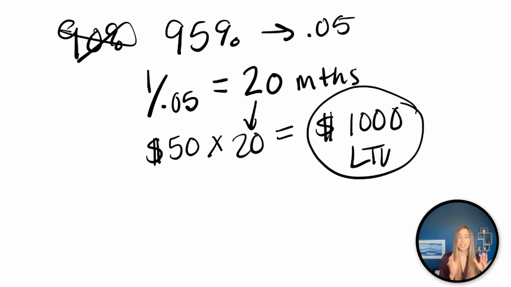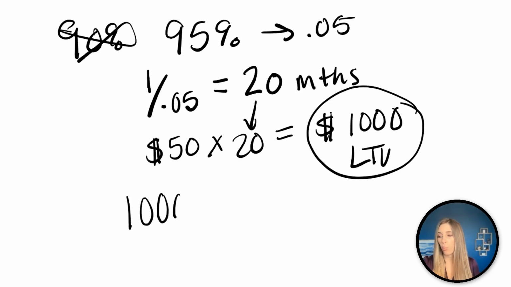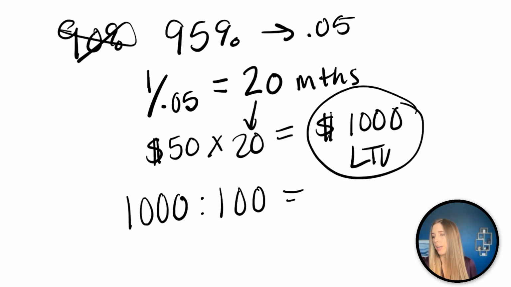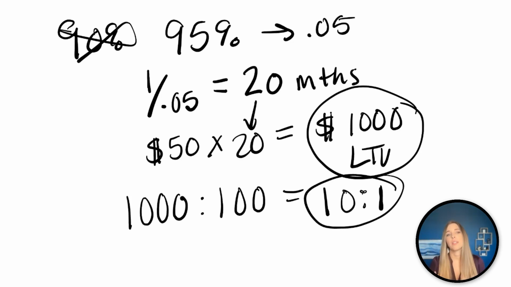$1,000. It was $500. So our new LTV to CAC ratio is 1,000 to 100, which is 10 to 1. We have now doubled. We went from 5 to 1, right?